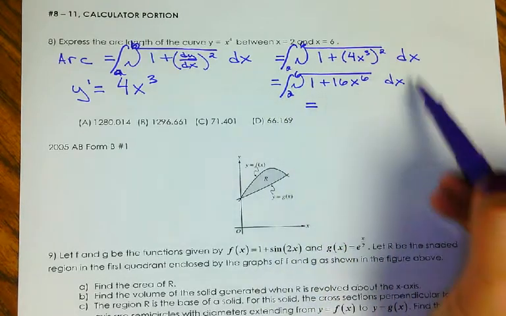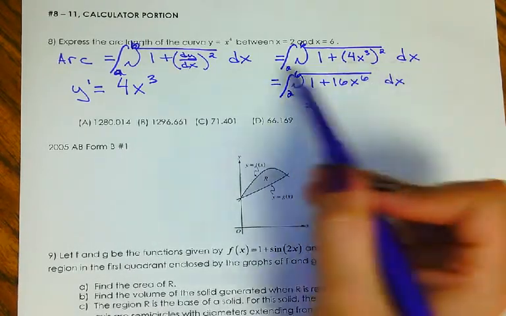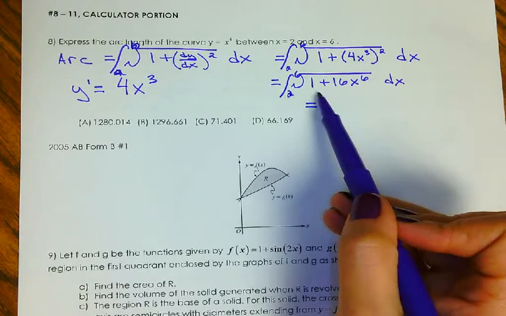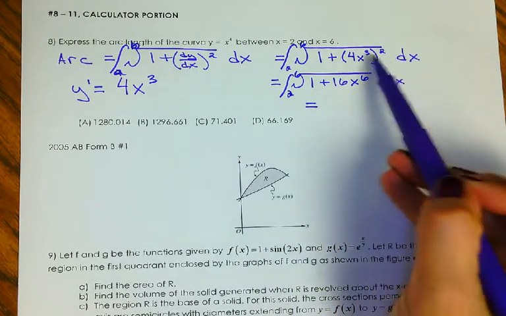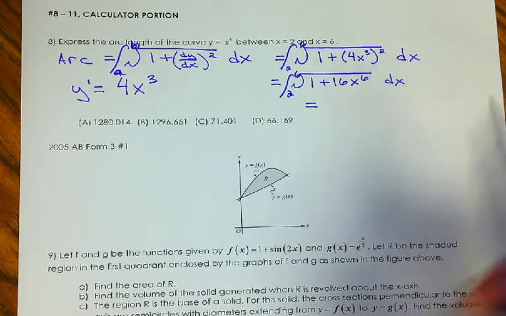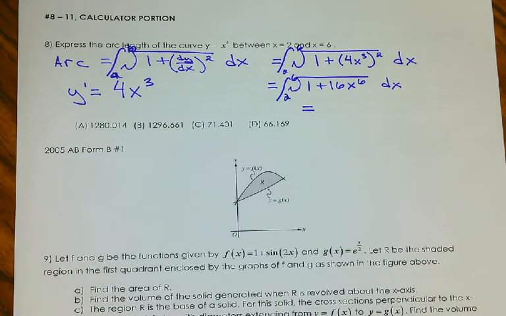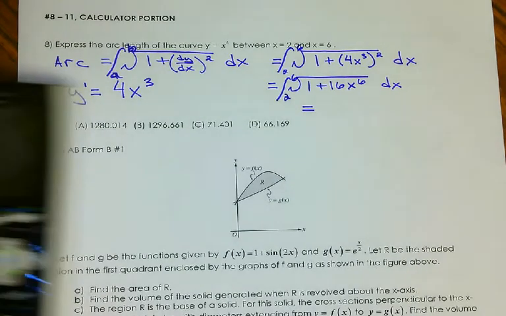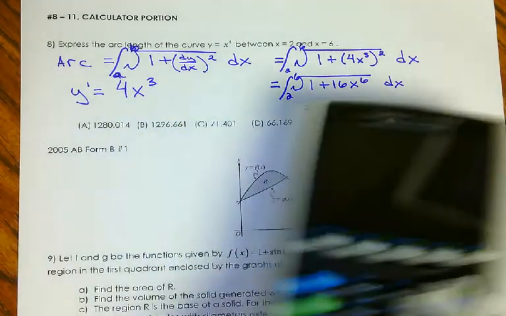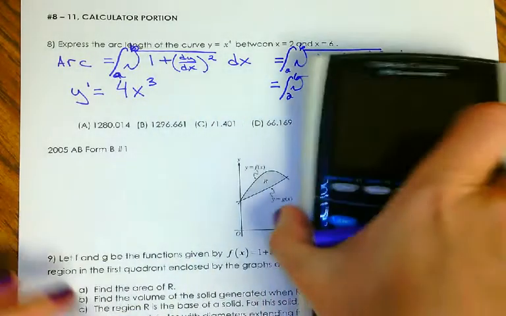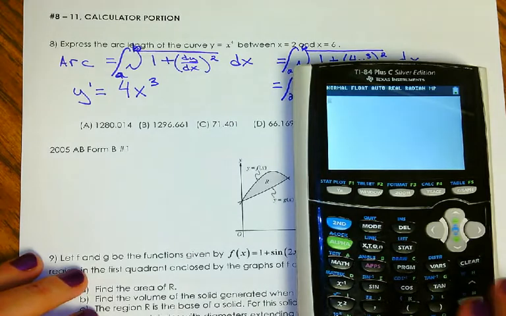This would be an example of where, if it was a non-calculator question, it might stop right there, and that would be an answer choice. I do know that they would probably forget to square it as one of the incorrect answer choices, so just make sure you're doing that. And then via Math 9, since this was a calculator question, you could type that in.